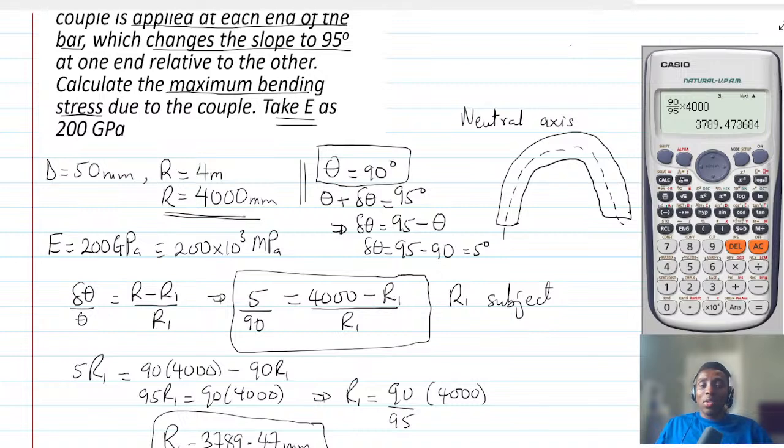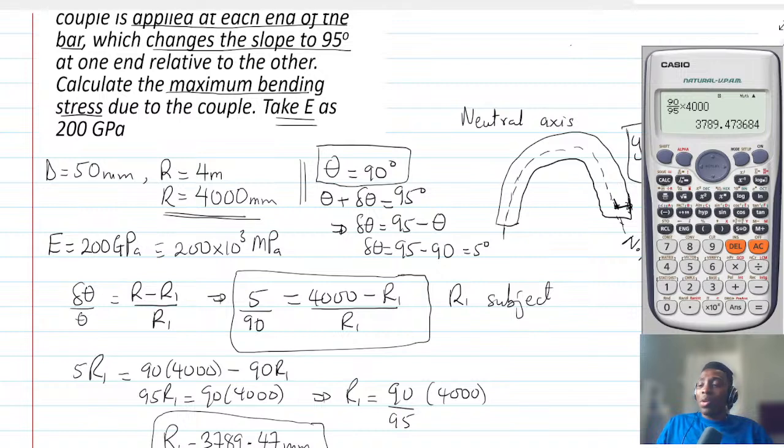If you have this member like this, and this is the neutral axis passing through the body, then the fiber distance y will be moving from the neutral axis. The maximum of the fiber distance will be at the surface.